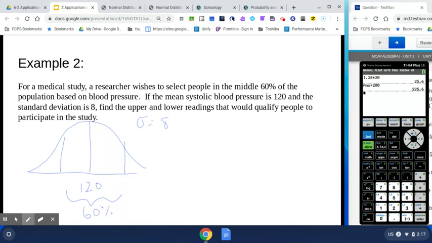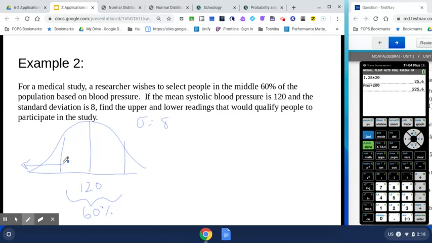So I would actually have the choice of looking for a z-value on the negative chart or looking for the z-value on the positive chart. When I have the choice, I prefer the negative chart, but it reads left shaded regions. So this 60% in the middle really isn't helping me.